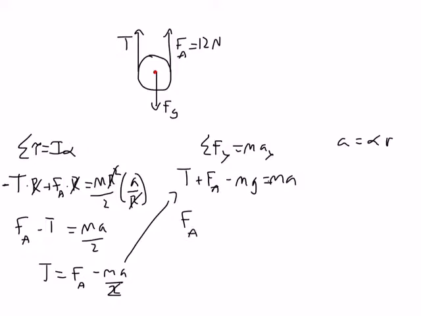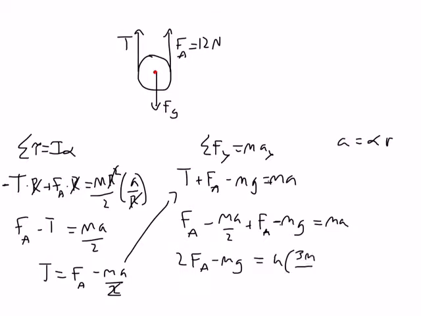So Fa minus ma over 2, plus Fa, minus mg equals ma. So we get 2Fa minus mg equals a times 3m over 2, because we have ma plus ma over 2, that's a factor of 3/2.